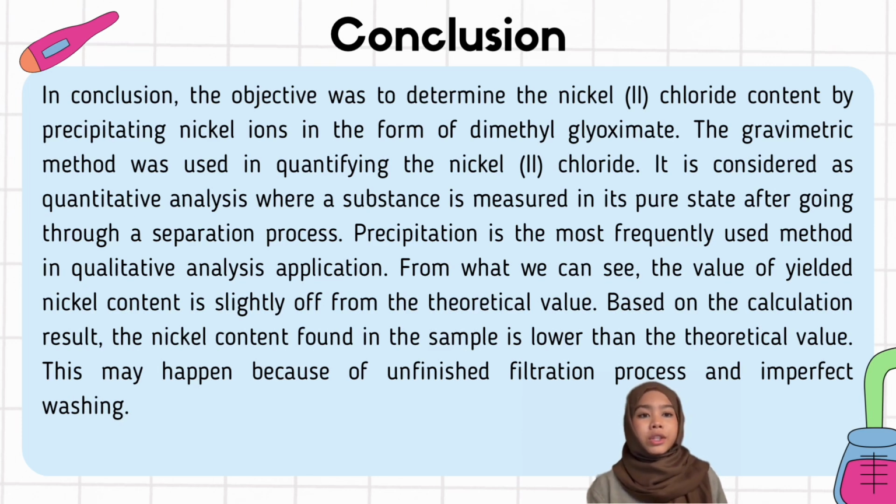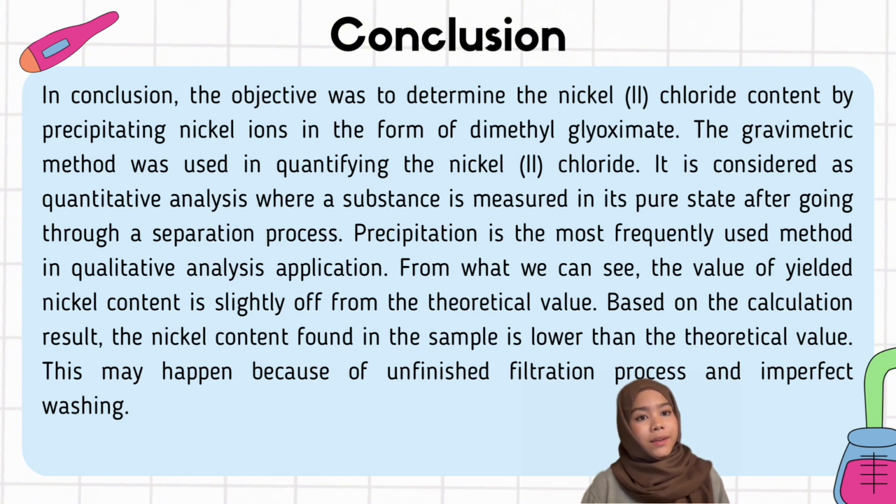Gravimetry is considered a quantitative analysis where a substance is measured in its true and pure form after going through a separation process. Precipitation is a common and frequently used method in analytical practice.